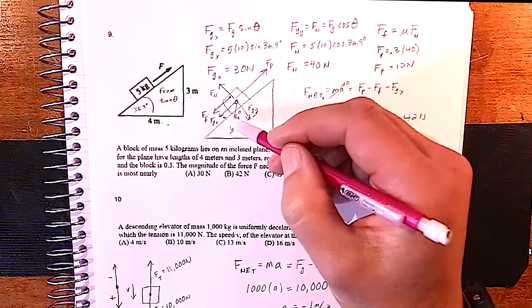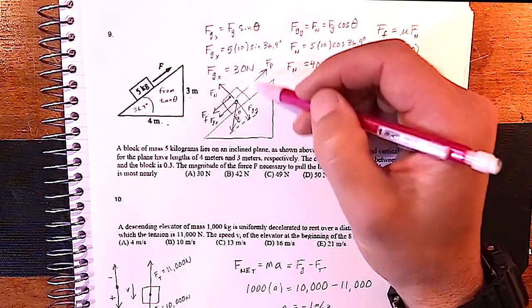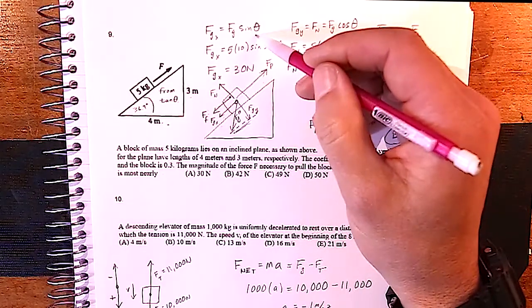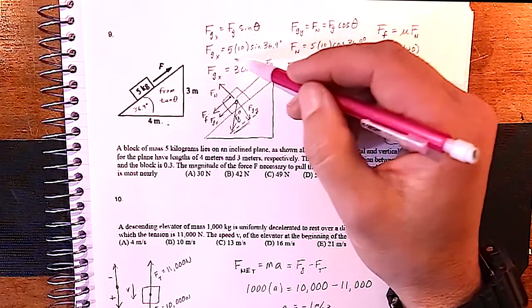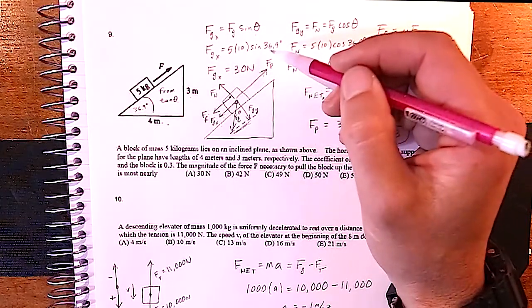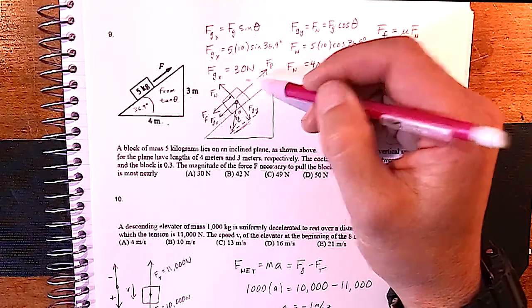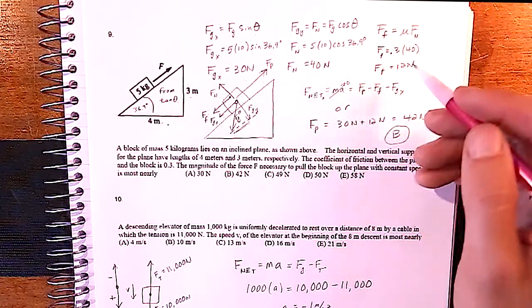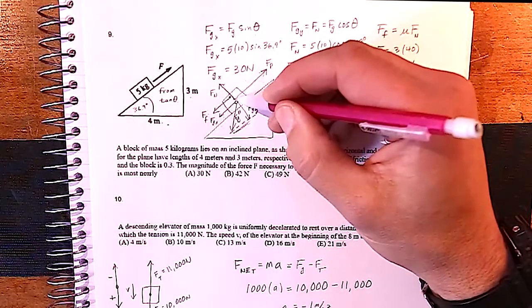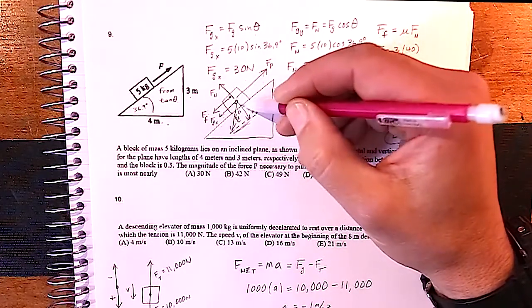So let's first find Fgx. That would be our opposite side of the triangle. So that's Fg sine theta. And we just throw in the numbers using 10 instead of 9.8 for the AP, and that gives us 30 newtons. For the force of friction, we need the force normal. And we know that the force normal is equal to Fgy.